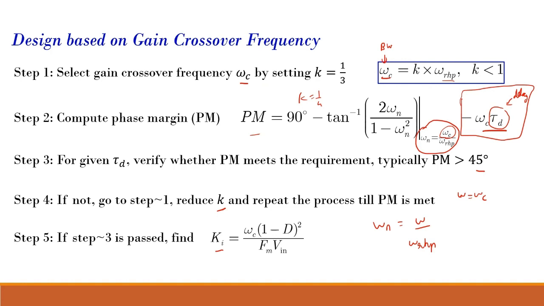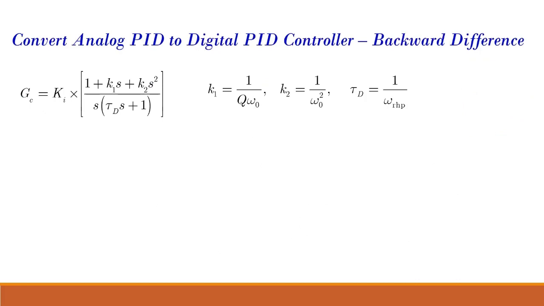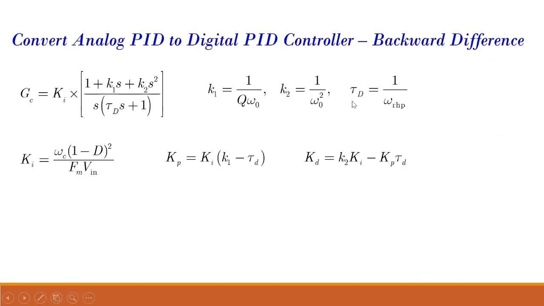So then we find Ki, and once we find Ki, then we can find all the others, K1, K2, and our Kp, Ki, Kd, etc. And then we can convert it to digital. Kp remains the same in analog and digital, but integral gets multiplied by the controller update time period, and derivative is divided by the controller's update time period.